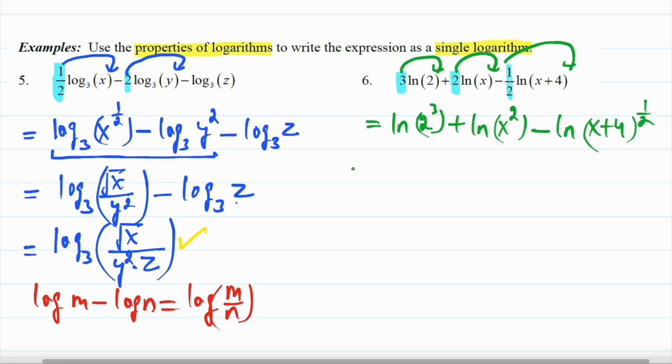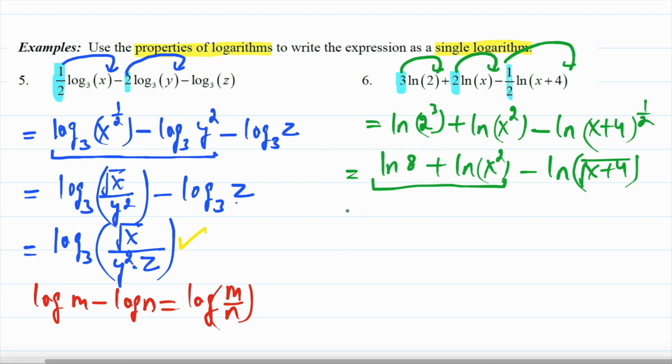Now the next step is we can solve 2 power 3. 2 power 3 is 8, so it will be natural log 8 plus natural log x square, and we can also write x plus 4 power 1 over 2 as square root of x plus 4. For the first two logs, we can use the first property, log m plus log n equals log of m times n, which is 8 times x square, minus natural log square root of x plus 4.